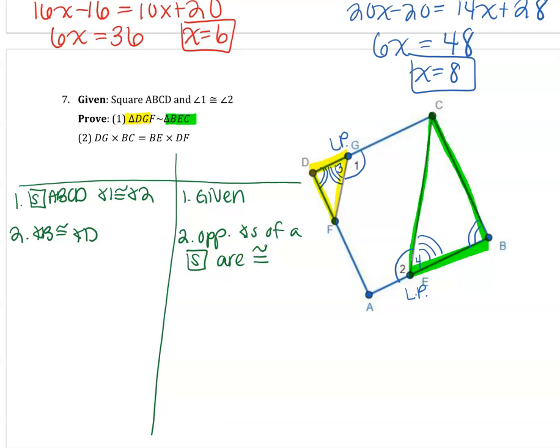Done. Okay, that's one pair of angles for us. Now, as far as getting angles 3 and 4 congruent, it's going to take us a couple steps here.